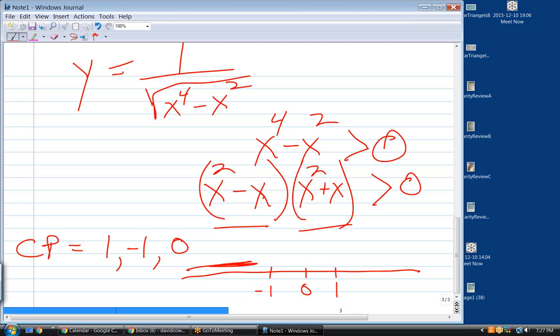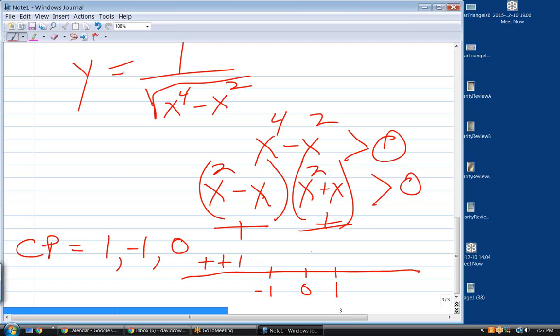Let's try -2. When I plug in -2, this is positive, and when I plug in -2 here, I get 4 - 2, so that's positive. So everything in this area is positive.